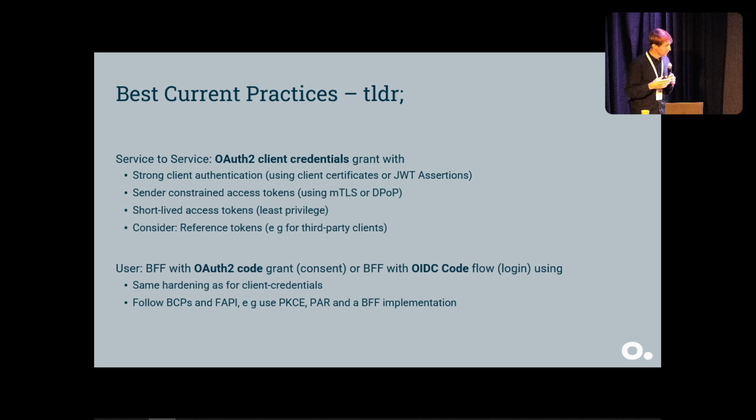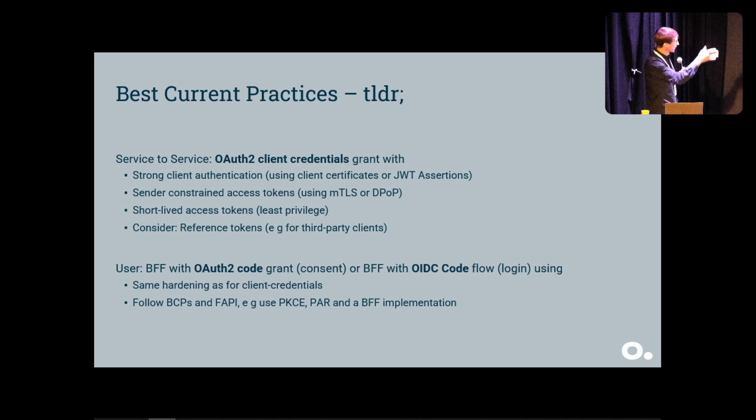And of course, we should follow the best current practices and FAPI and apply additional protections with the code flow. PKCE is mandatory. PAR should be used, but it's kind of new and very few support it today. But hopefully in the next year, that will be better supported. So this was the 2-minute version.